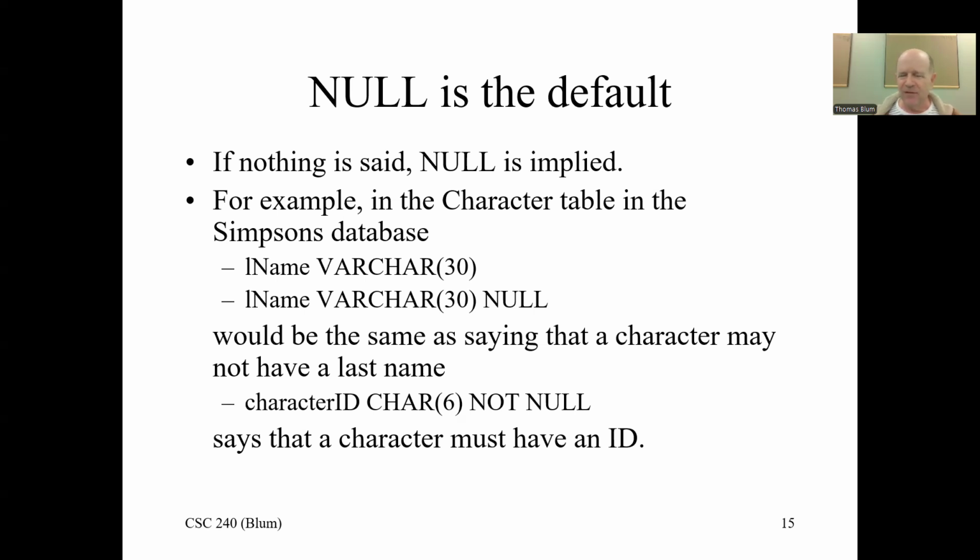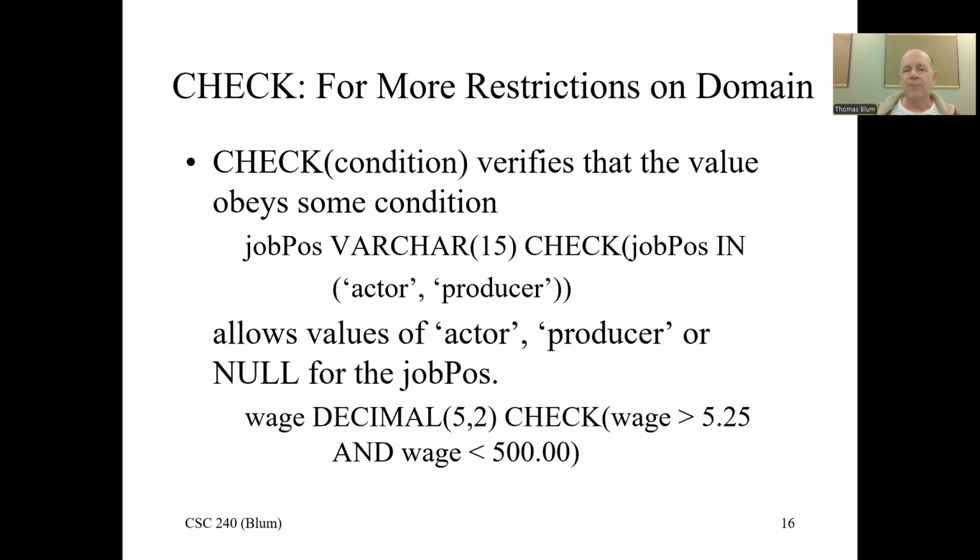Even if it's part of a composite key, it's implied that it's not null. But even if something's not the primary key, we can specify that it's not null. And then SQL supports this keyword check.